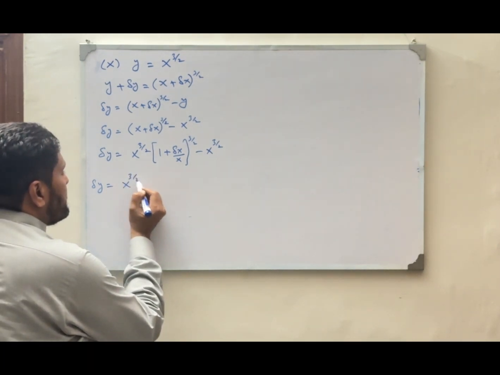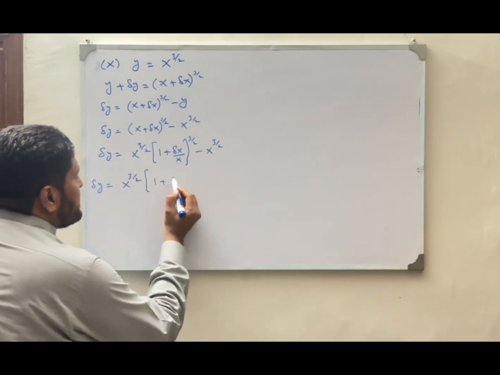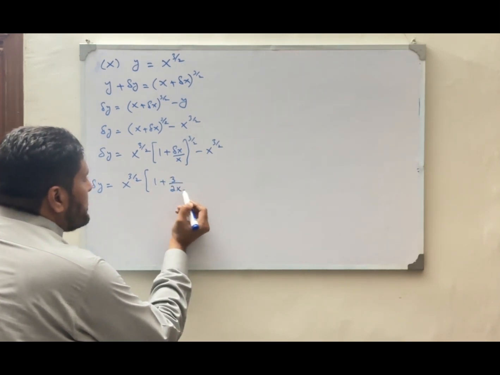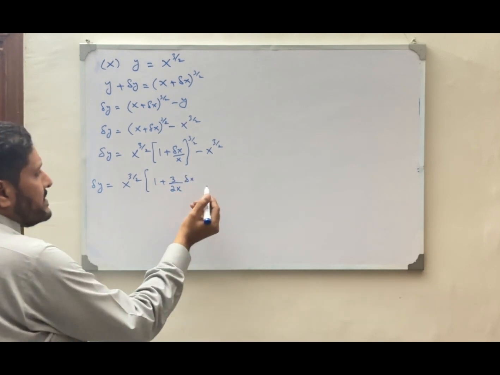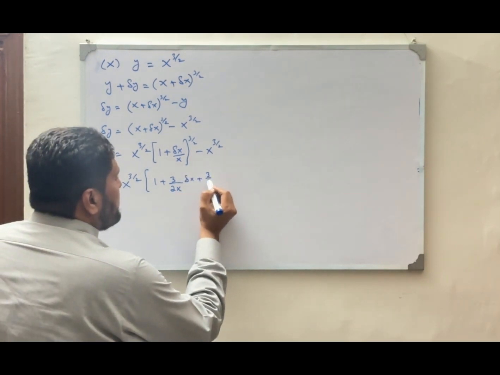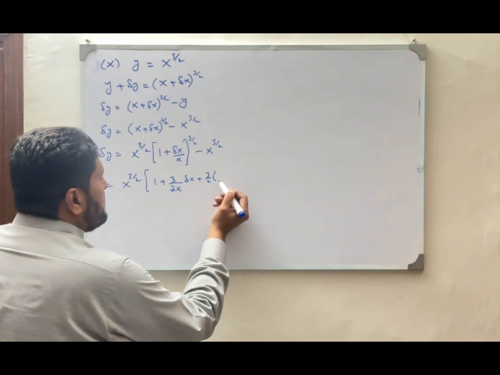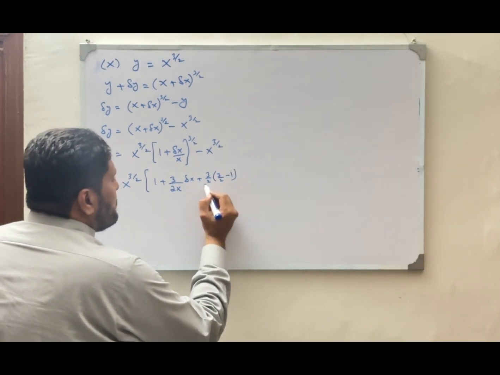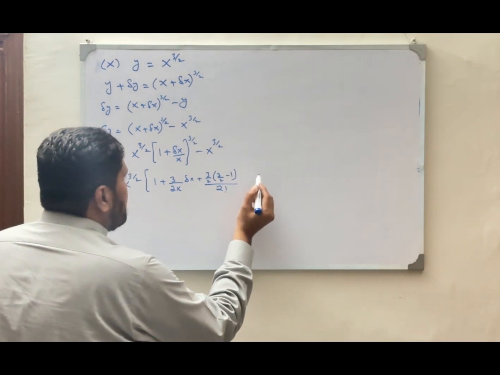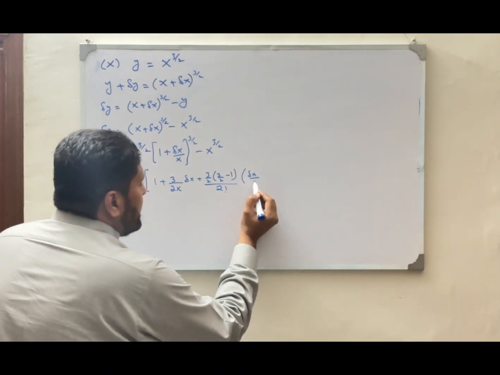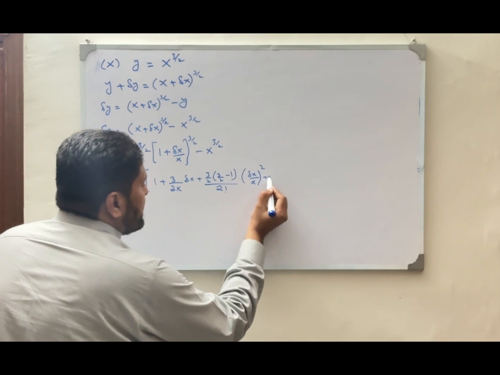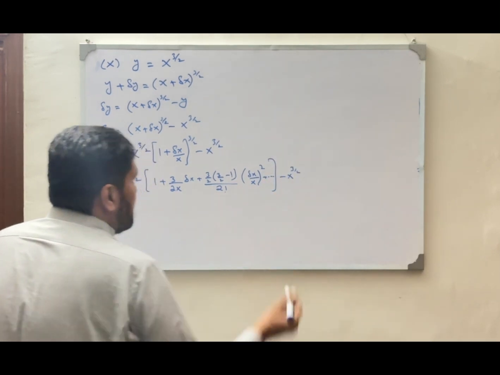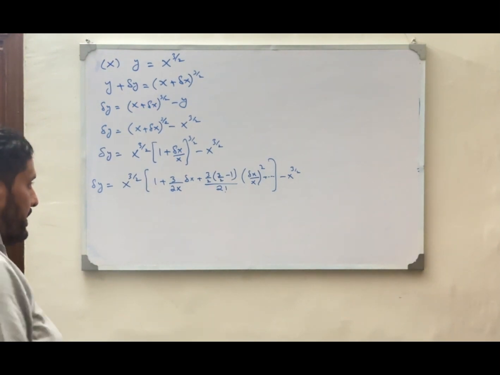So x power 3 by 2 into 1 plus 3 by 2 into delta x by x plus 3 by 2 into (3 by 2 minus 1) over 2 factorial into (delta x by x) whole square, and then so on. Remaining terms will be neglected.